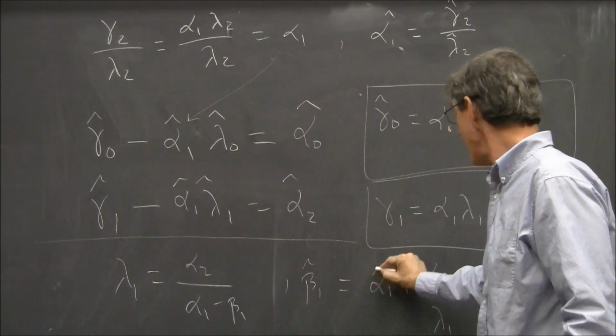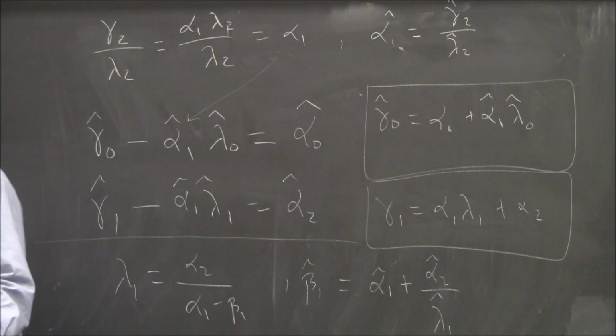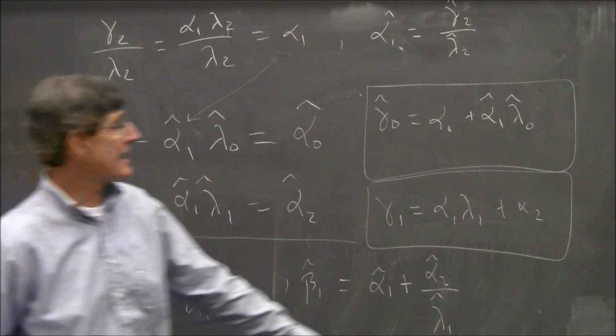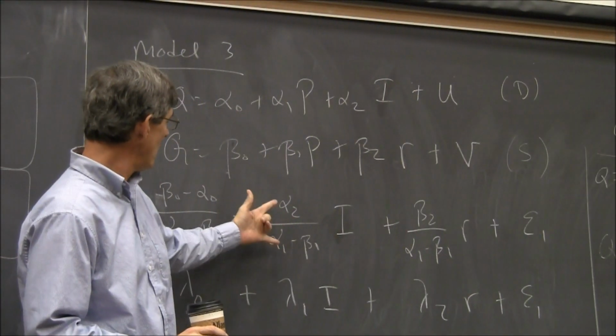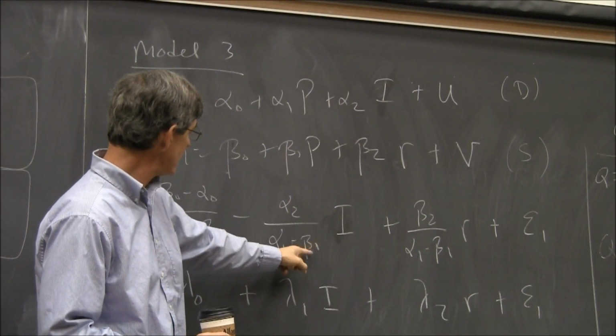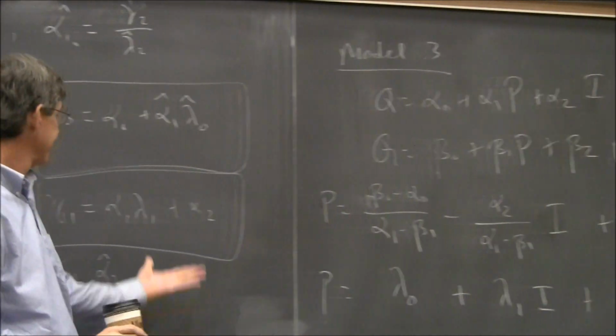So beta 1 hat is just that. So we just set this, which we know, equal to this. We know the value, but we just don't know that term.